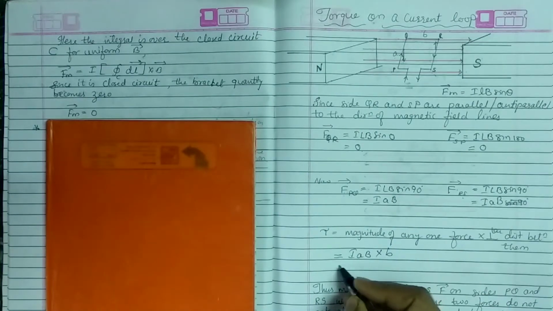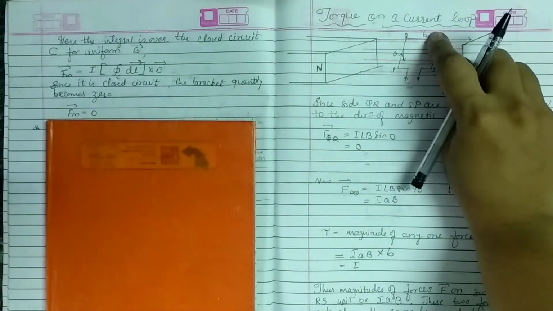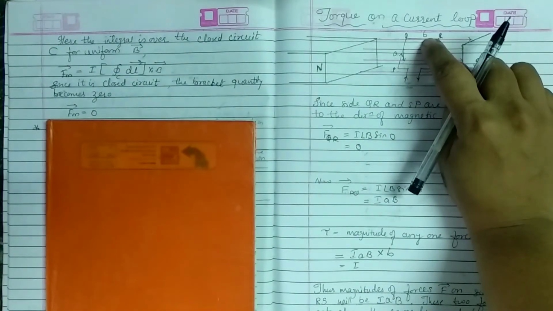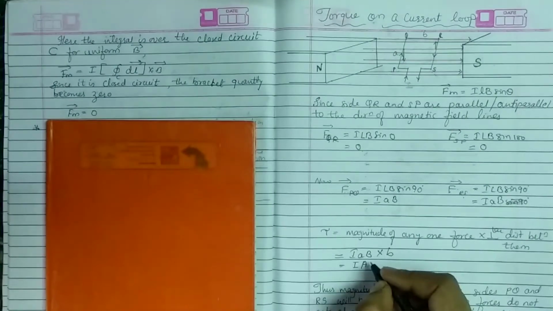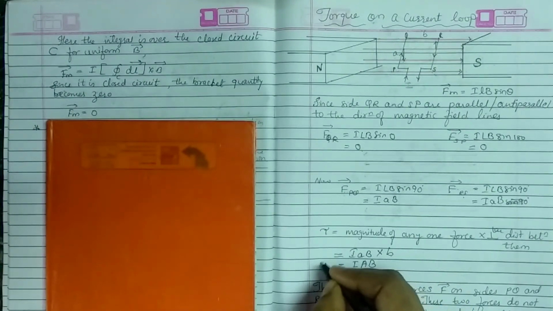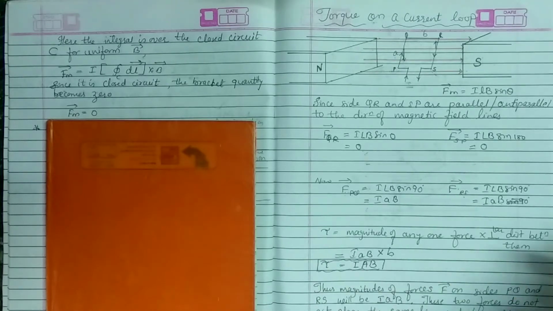So it is b. So can I write I A cross B, that is A into B, which is nothing but length into breadth? The length into breadth gives you the area of that coil and the B. So this is the final expression for the torque in this case.